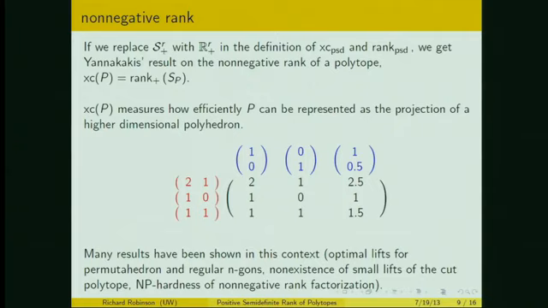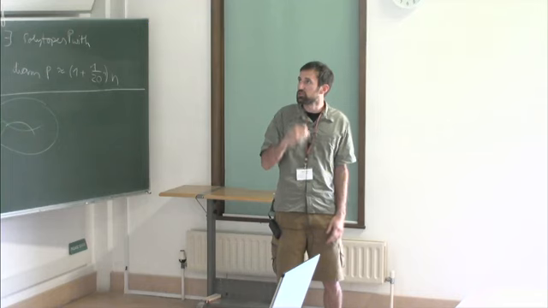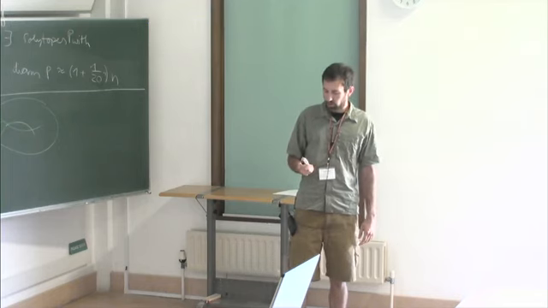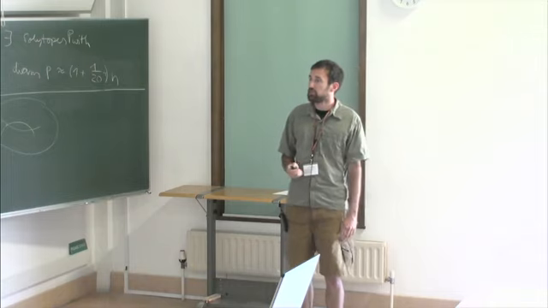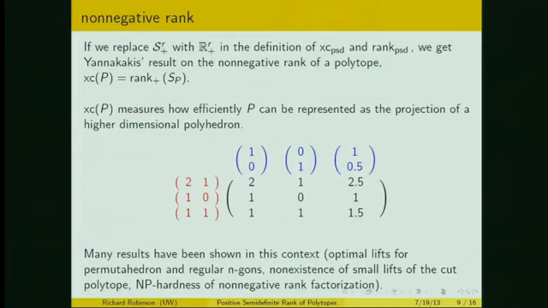Just to give a little intuition, the linear extension complexity measures how well we can represent our polytope as the projection of a higher dimensional polyhedron, where how good a lift is depends on how many facets the higher dimensional polyhedron has. And non-negative rank we can think of as the same picture as the PSD rank, only we require non-negative vectors on the rows and columns.